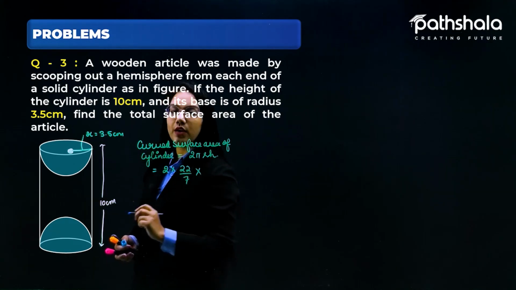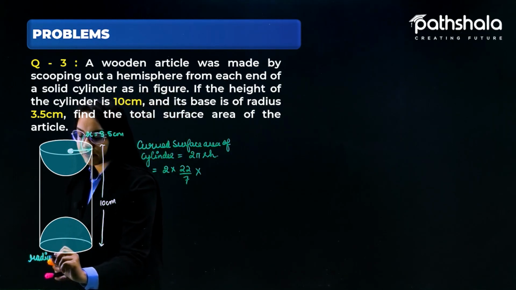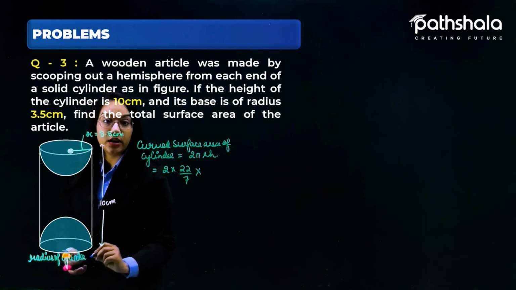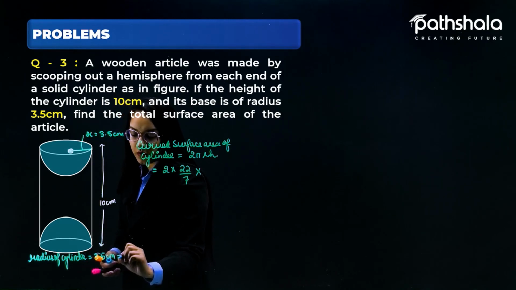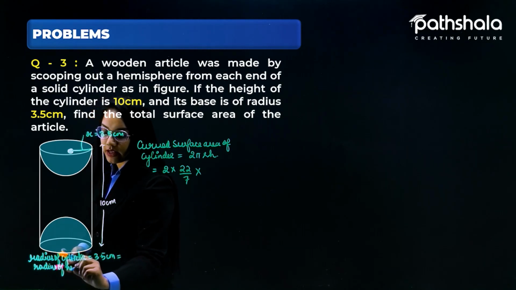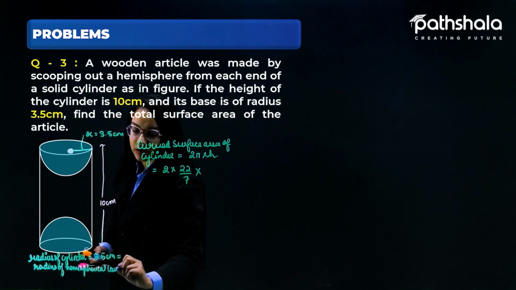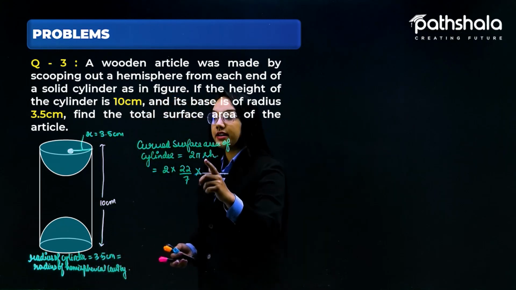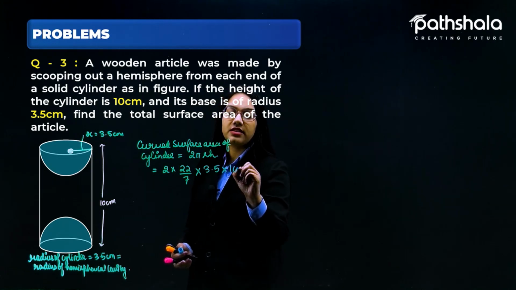The radius of the cylinder is 3.5 centimeter, which is also the same as the radius of the hemispherical cavity. So the radius is 3.5, and the height is 10 centimeter.